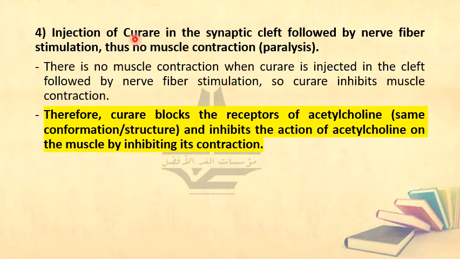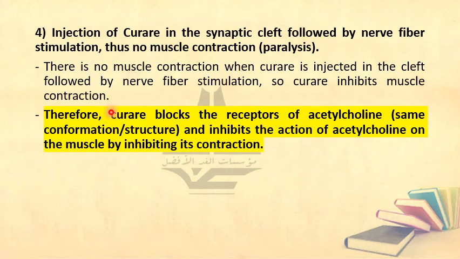So since curare has the same shape as acetylcholine, it can bind to the receptors of acetylcholine found on the postsynaptic membrane, and by this it inhibits muscular contraction and doesn't allow the muscles to contract, but causes paralysis. Okay, so there is no muscle contraction when curare is injected in the cleft followed by nerve fiber stimulation. So curare actually inhibits muscle contraction.